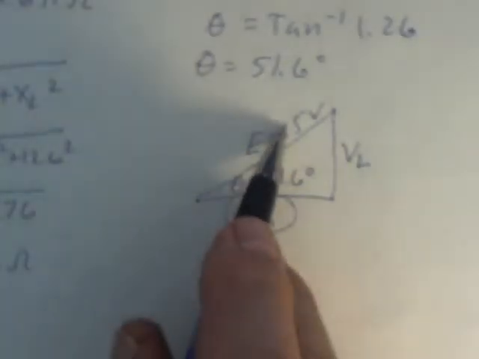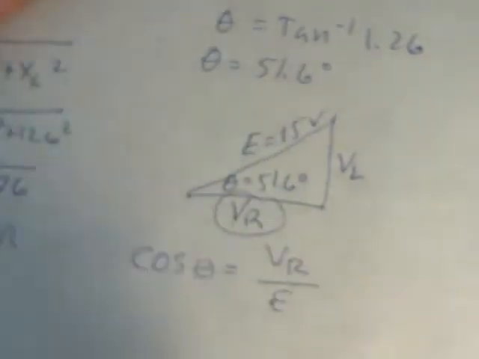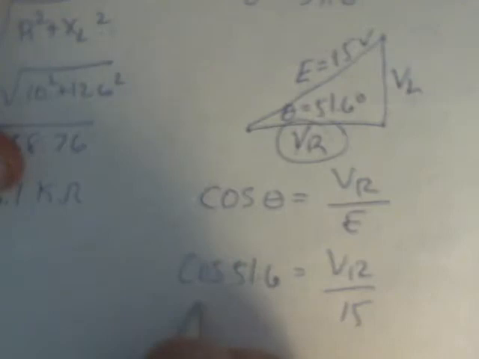So I'm going to find V sub R. Okay, so I know the angle, I know the hypotenuse. V sub R is the adjacent side, therefore I do cosine. And cosine is V sub R over E. So cosine of 51.6 is V sub R over 15.